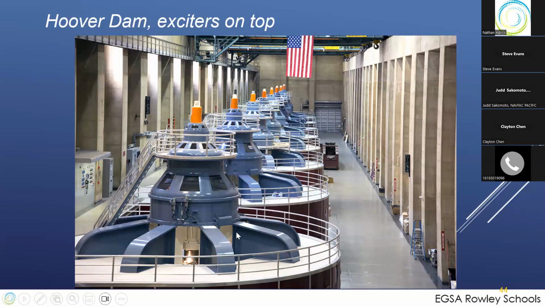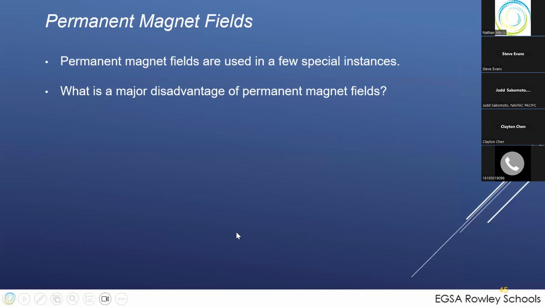So quite often PMGs are used in our industry. In some cases we use permanent magnet fields for direct supply to machines. Typically, we know the load and we know the voltage drop, and we can design our system with the right amount of permanent magnets to produce this voltage for us.